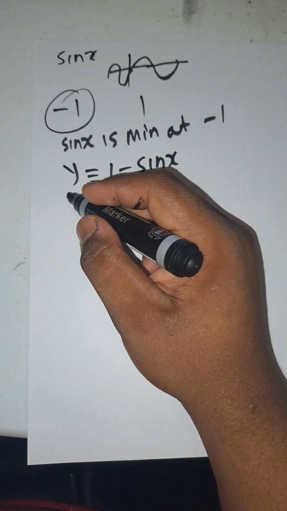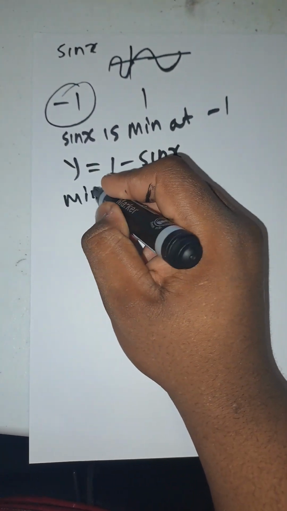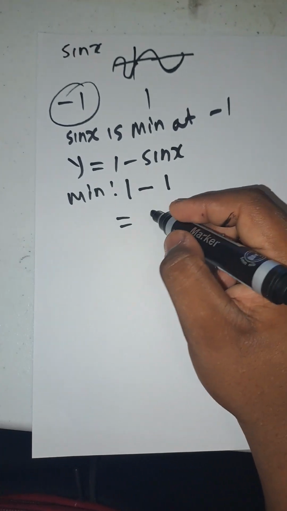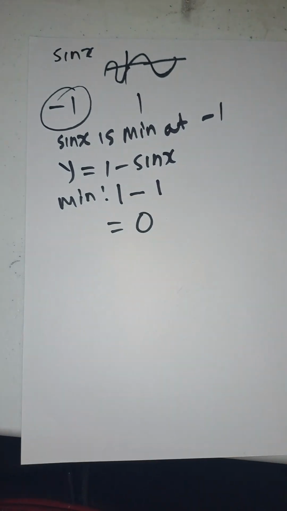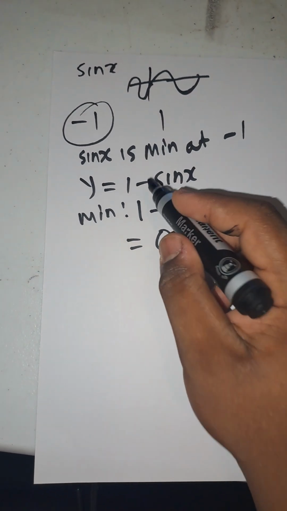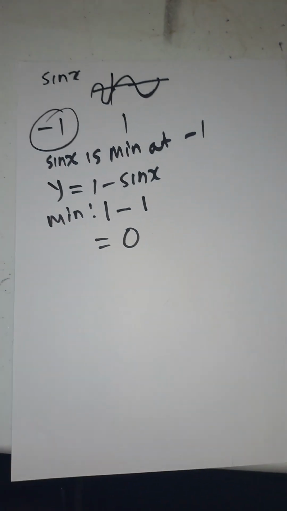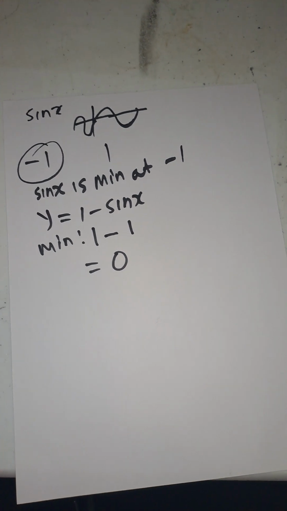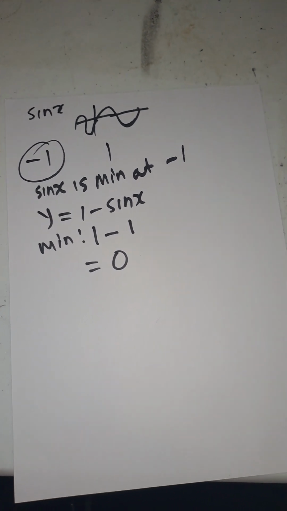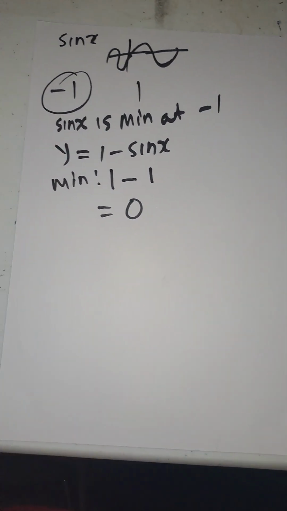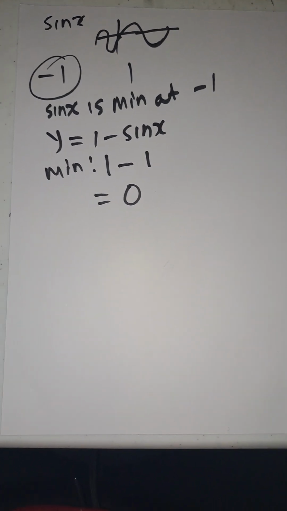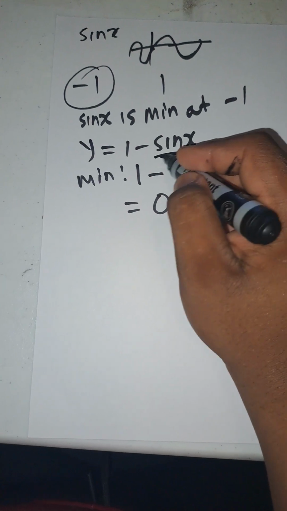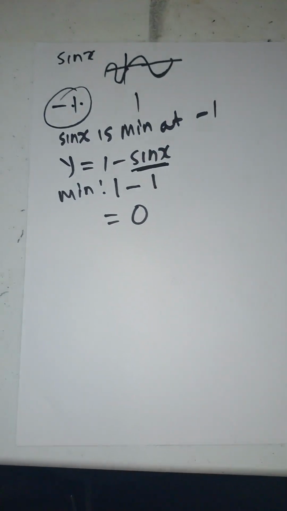And then it basically means the minimum value is 1 minus 1, which is now equal to 0. Okay, because the minimum value of sine x is negative 1 according to your graphs there. So that is the answer. The minimum occurs when sine x is equal to negative 1.